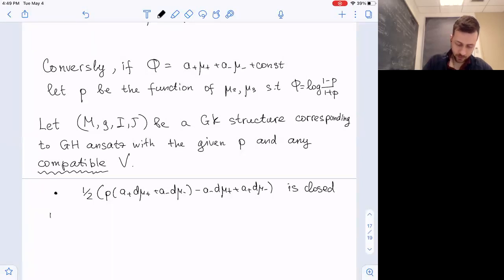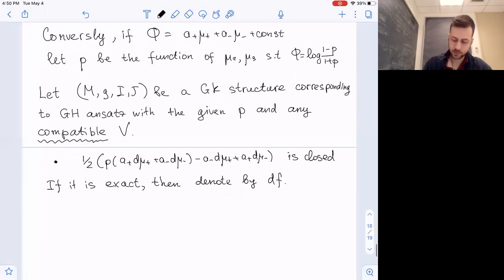And if it is exact, then denoted by df, where f is just a smooth function on the manifold.